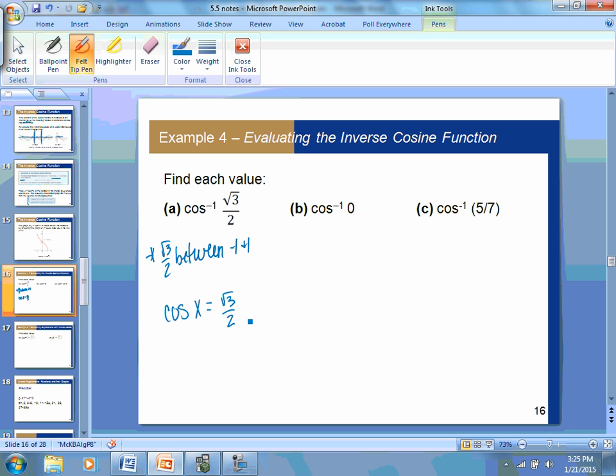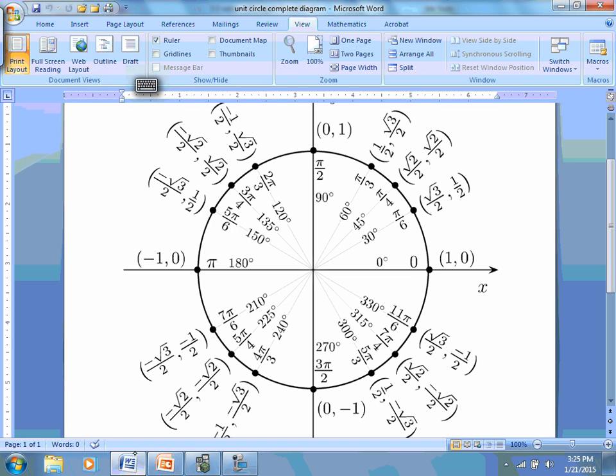So now I just need to think, okay, on my unit circle, in the first two quadrants, the cosine of what radian gets me the square root 3 over 2? So remember, I want to look at my x values now in my ordered pairs because that's my cosine values. Over here, the square root 3 over 2 is going to be negative. All of these cosine values, all those x values, are negative in the second quadrant.